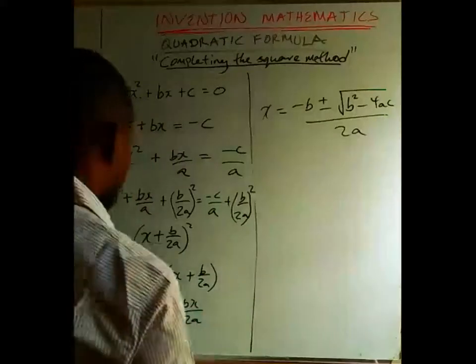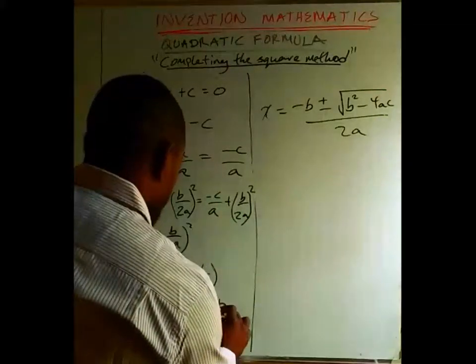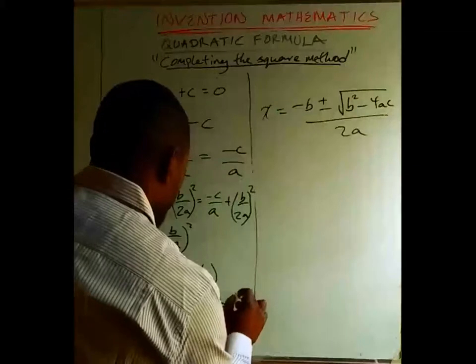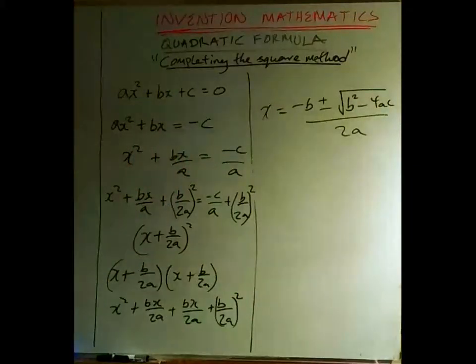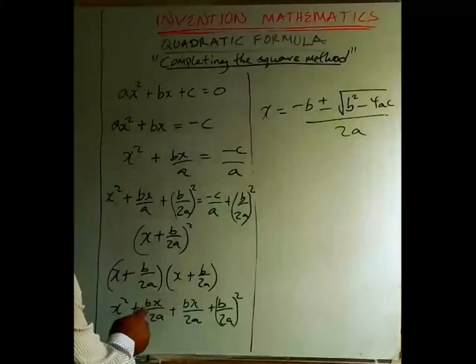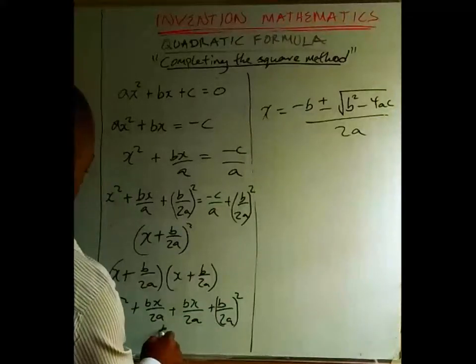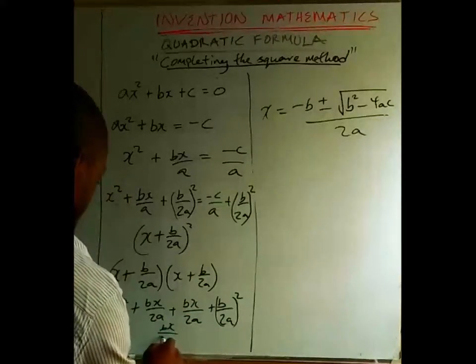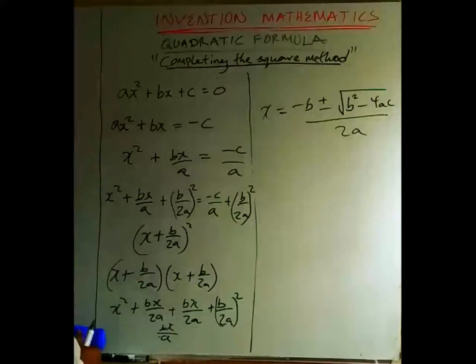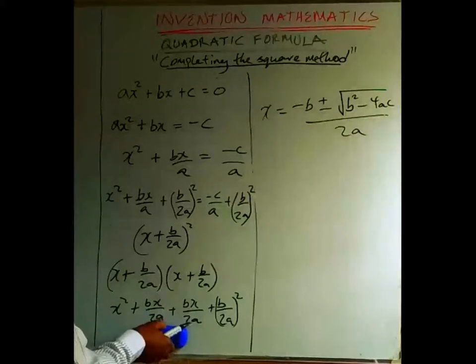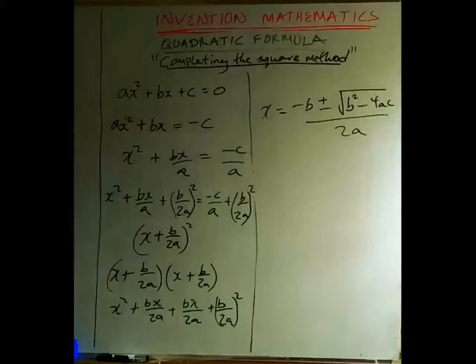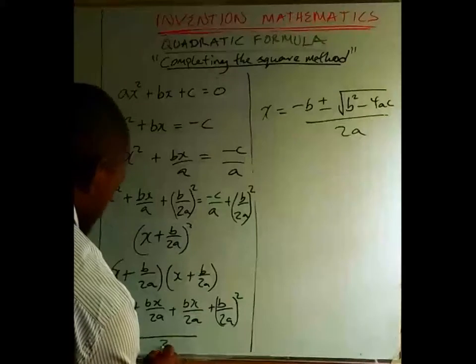The last term is b over 2a squared. bx over 2a plus bx over 2a gives you bx over a.